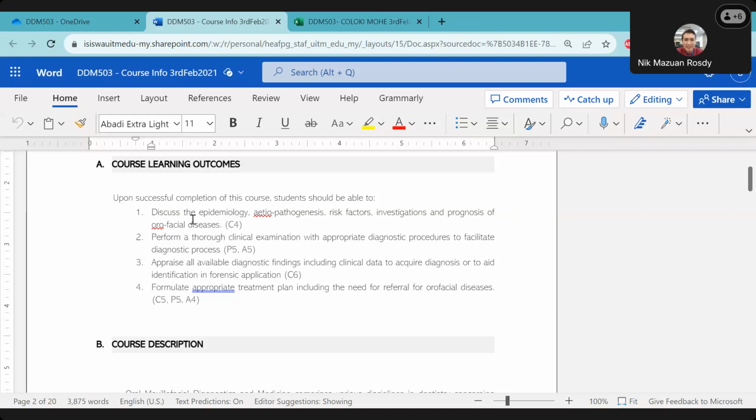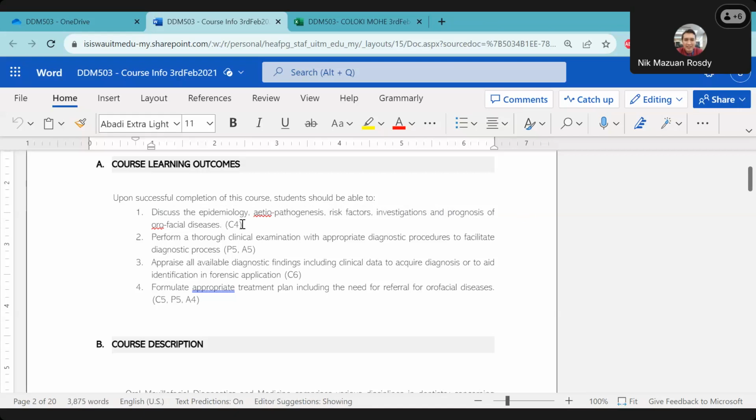Whatever questions I map to, for example, CLO number one, because it's only cognitive level 4, which is C4 analysis, I can only do it in a paper exam question. I cannot do it in the OSCE, which is active OSCE.